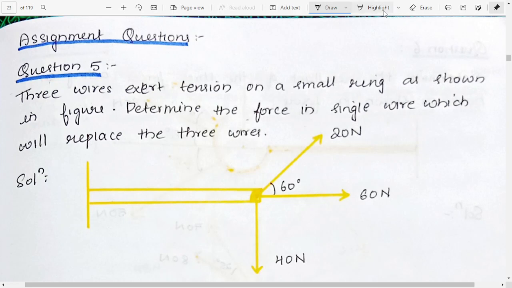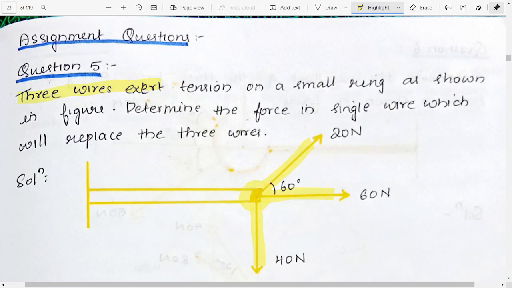So in this problem we are given 3 wires. Where are these wires? This one, this one, and this one. 3 wires exert tension on a small ring. This is our ring, as shown in the figure.